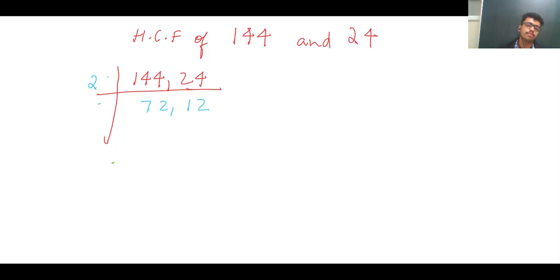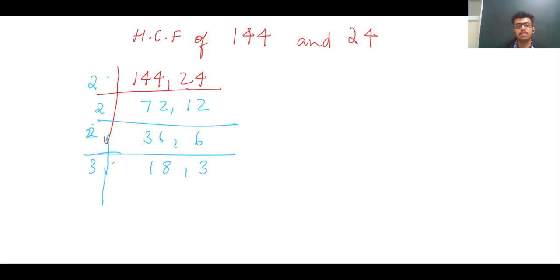Then 36 and 6, then by 6. Yeah, direct, if you want to do it by 6. But since I'm using prime numbers only over here, I'll go by 3 and 2, and then do it by 3. So this is 18 and 3.